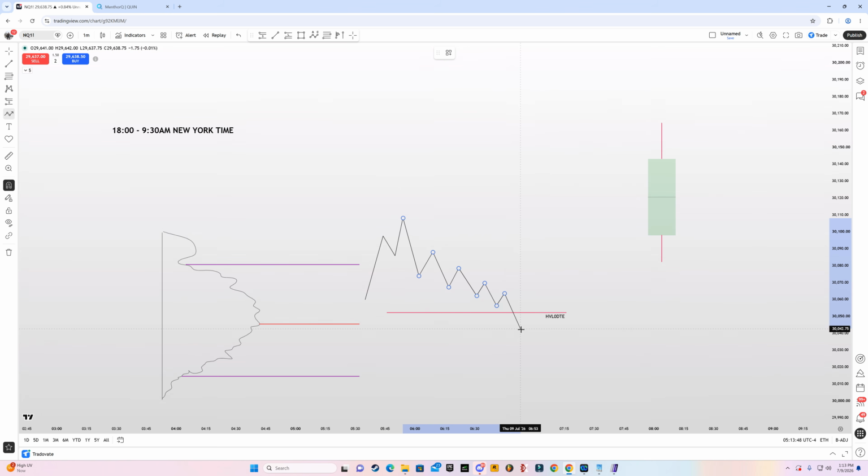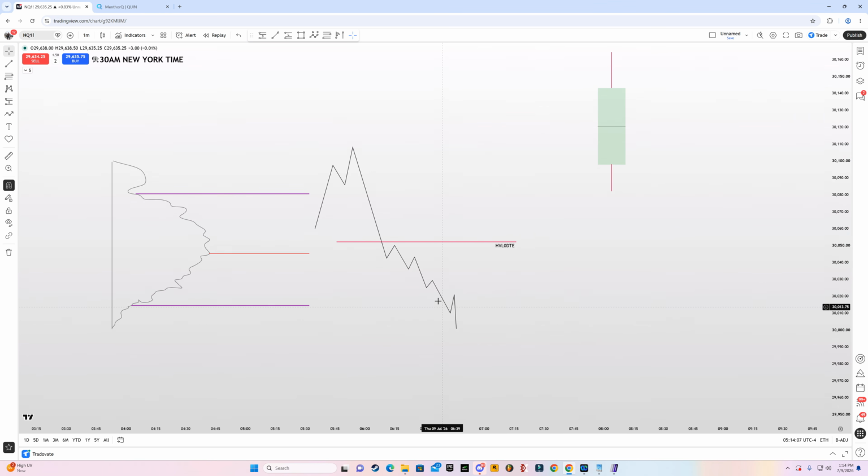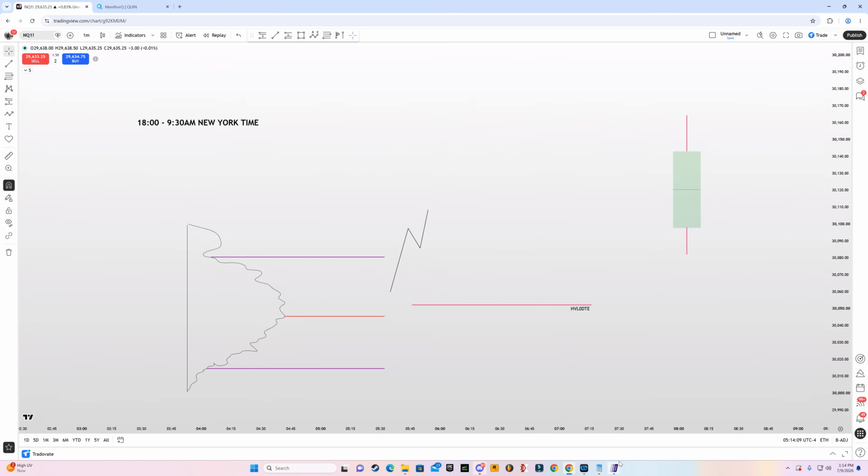But once we go below it, that's a sign of caution. We can either just keep pushing down from here, or we reverse. It also gives a boost to your actual trade. If you break below the HVL, it's going to keep on pushing down. Simple as that, guys. So let me give you some examples.